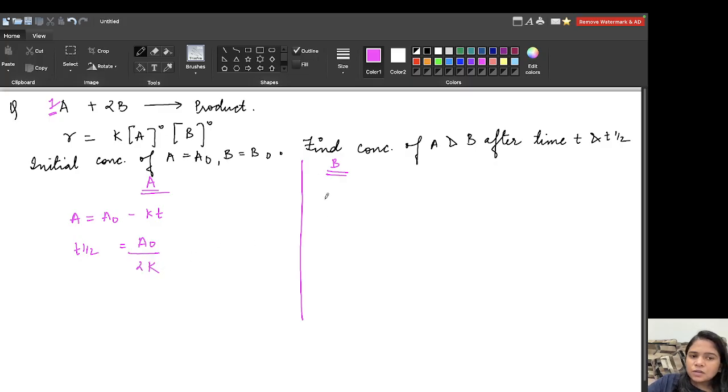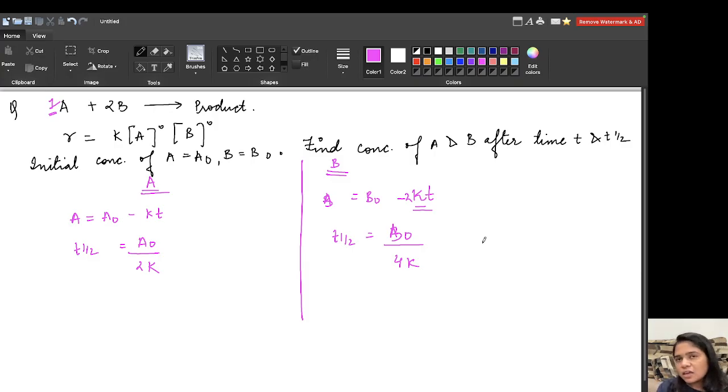Simple, right? Similarly for B, B is equal to B naught minus KT. What is K here? 2K. So 2KT. And what will be your T half? T half is equal to B naught upon 4K. Why? Because K is 2K. So I hope zero order reaction is easy.